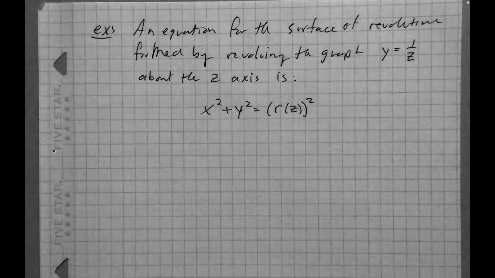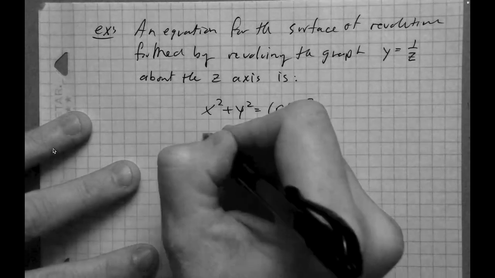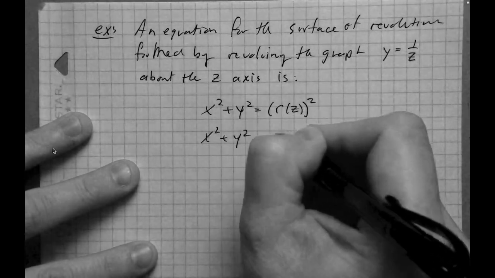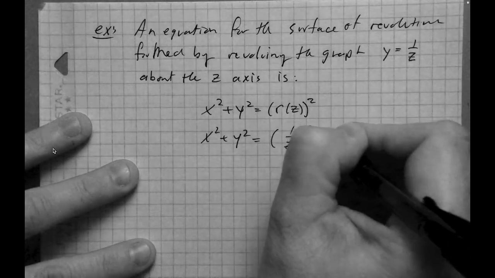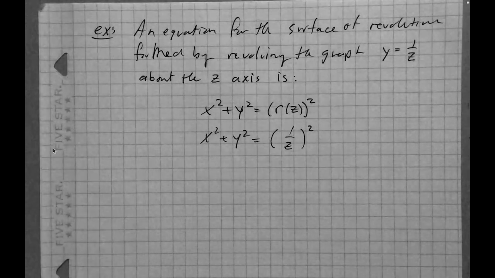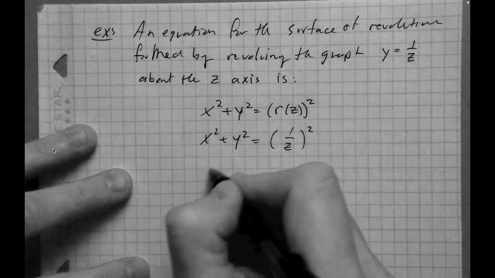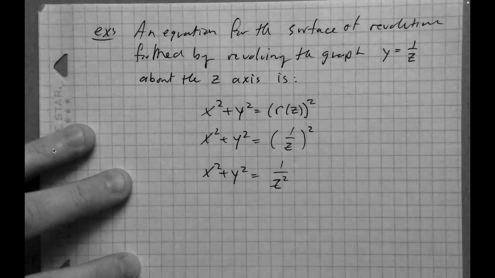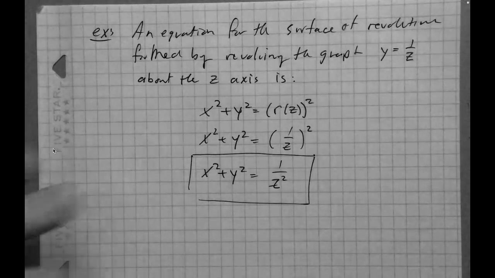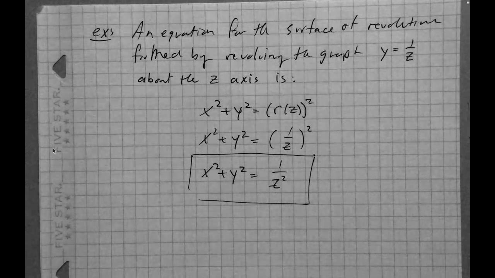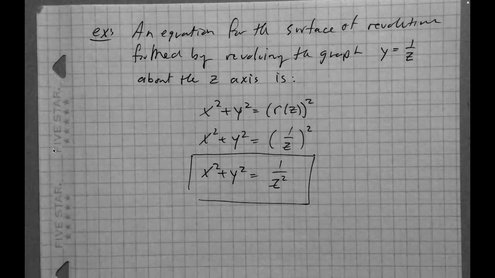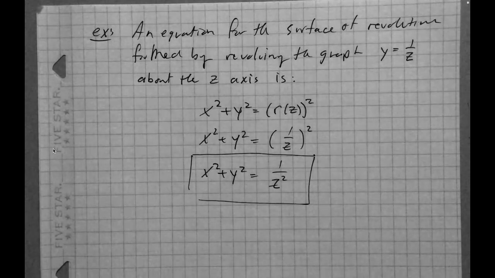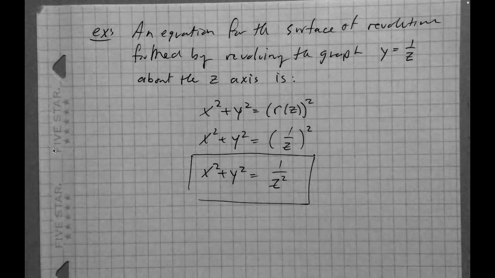R of z is just given, that's y equals 1 over z. So this is x squared plus y squared equals 1 over z squared. So in this case, this would be the equation of the graph of this guy.